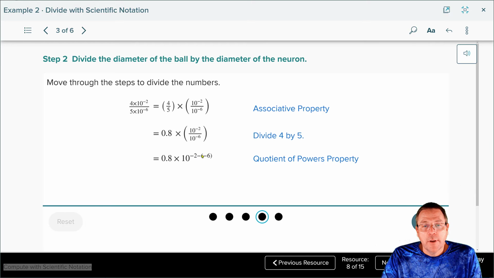Of course, right here you have a negative times a negative, which is a positive, so you have -2 plus 6, which is going to equal 10 to the +4.